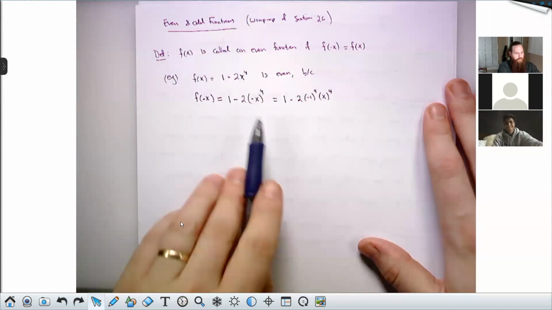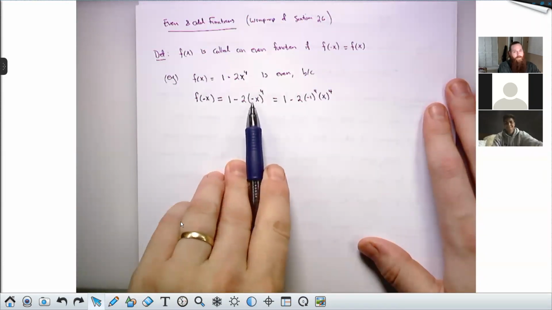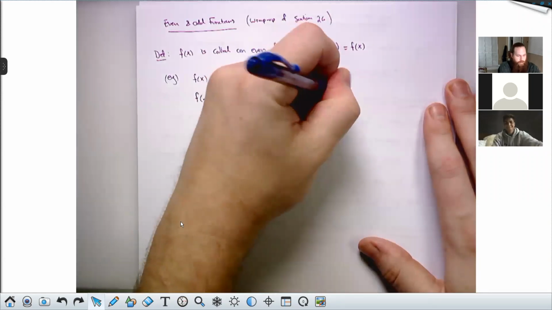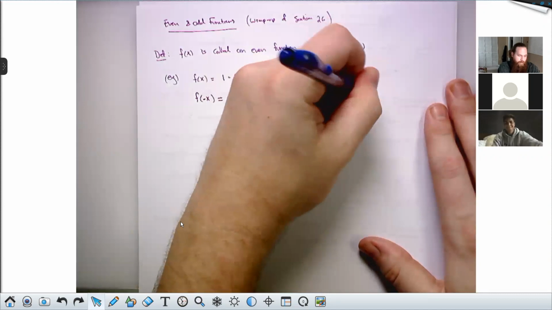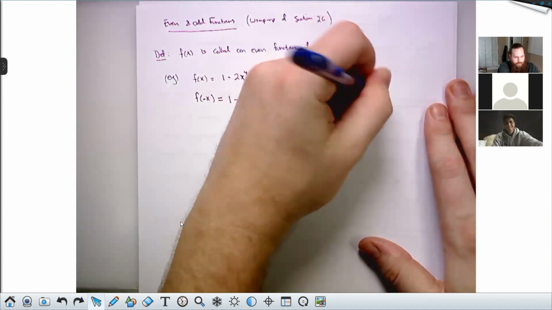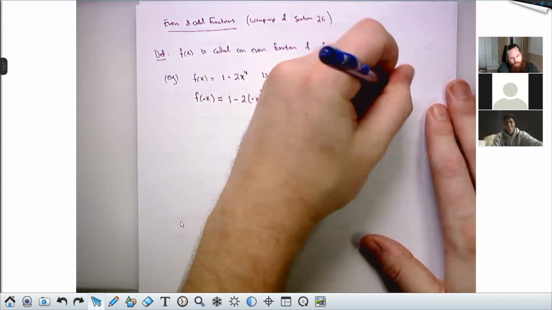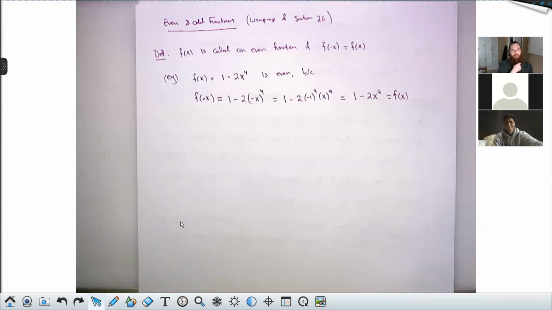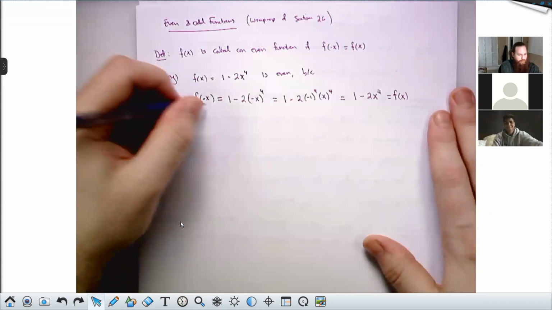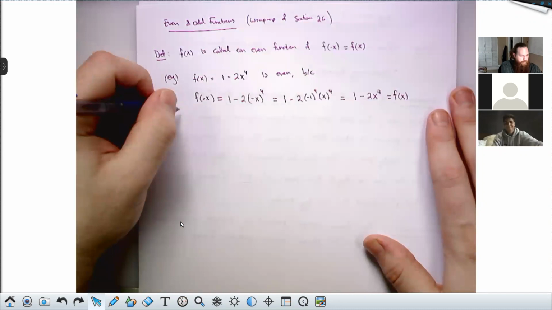Because having this negative here is the same as having a negative 1 times x. Negative 1 to the 4 is 1 though. So this is 1 minus 2 times x to the 4, which is the same as the original. So f of negative x is equal to f of x. Therefore, f is even.